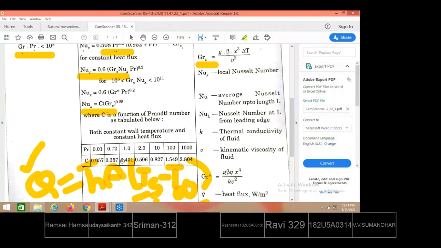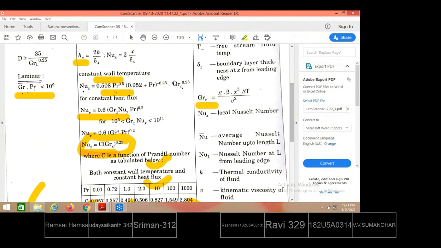It is 0.357. Where is the Prandtl number known from? From the properties at film temperature, the Prandtl number is taken, and based on it, C is taken and substituted. This equation is equally applicable to constant wall temperature and constant heat flux cases. One equation is purely for constant heat flux, the first purely for constant wall temperature, and for both cases this is the Nusselt number equation we use.